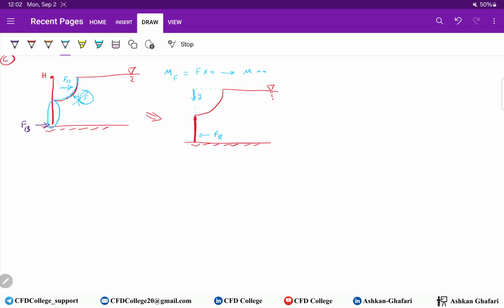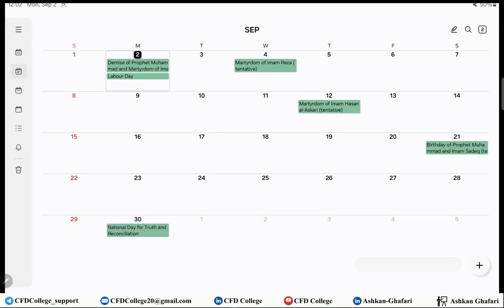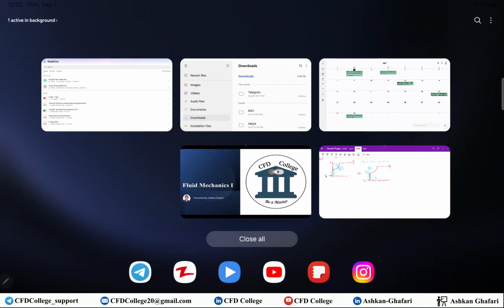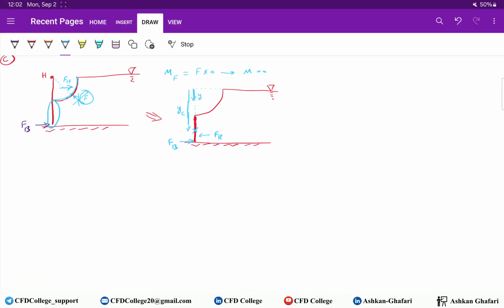This is FR, this is FB, here is the middle, so this distance is YC equals HC.